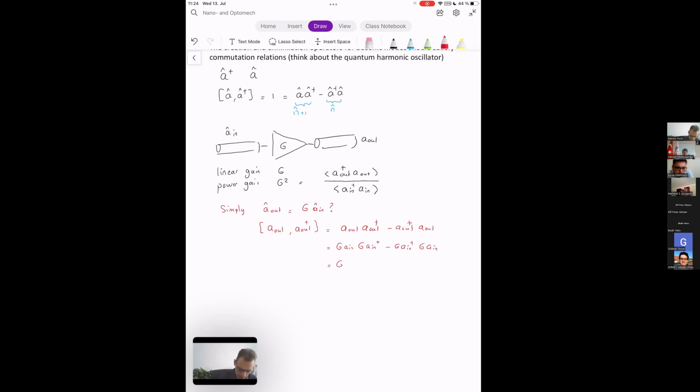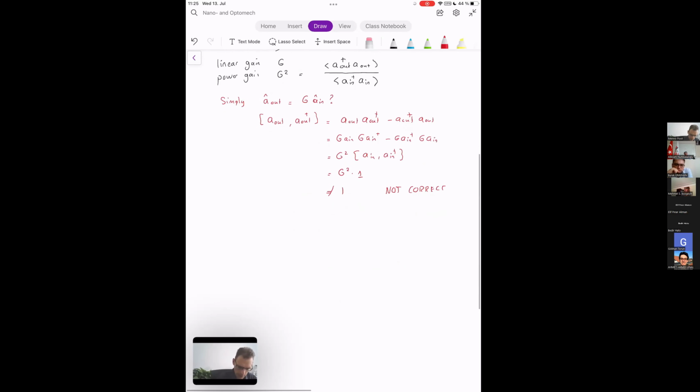Well, you can see that this is actually G squared times the commutator between A in and A in dagger. If we send bosons in, then A in and A in dagger satisfy what we have over here. So this is equal to G squared times 1. But this is actually the commutator of the output, which are also bosons, right? So we should also have that this equals 1, but that is not satisfied. So we see that this is not correct.